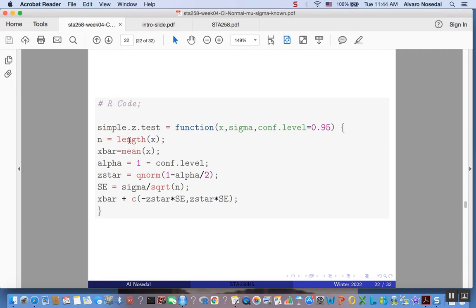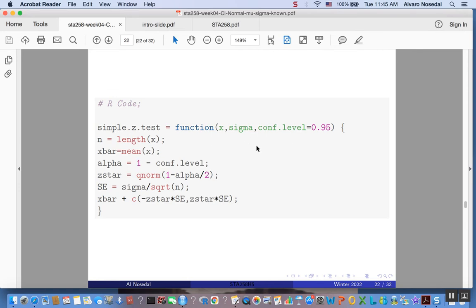So first we compute the number of observations that we have, n, the length of that vector x that we have as an input. Then we compute the sample mean. Then alpha is going to help us find that confidence level that we want.